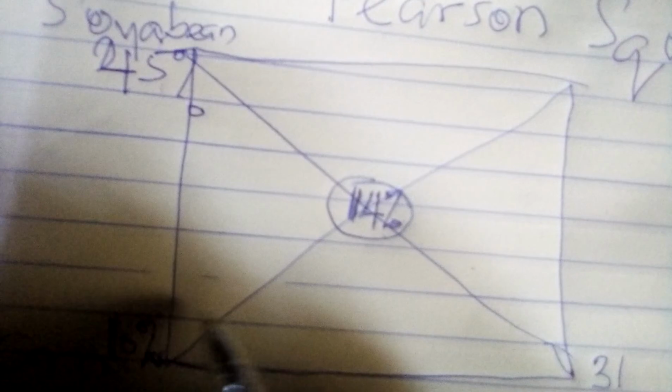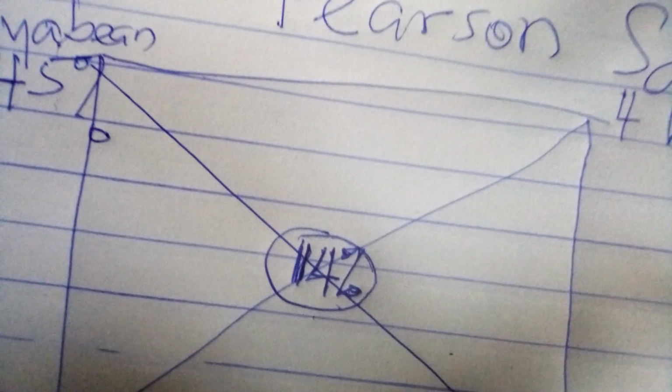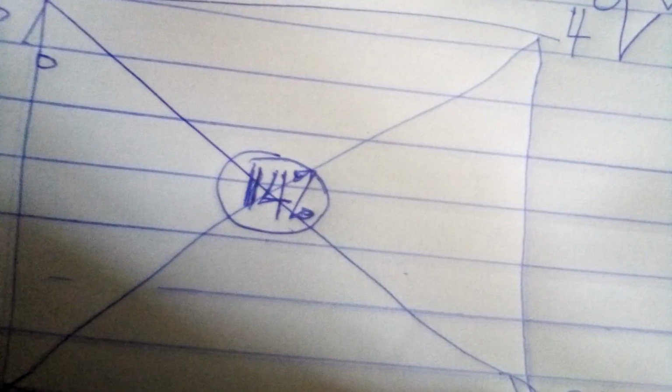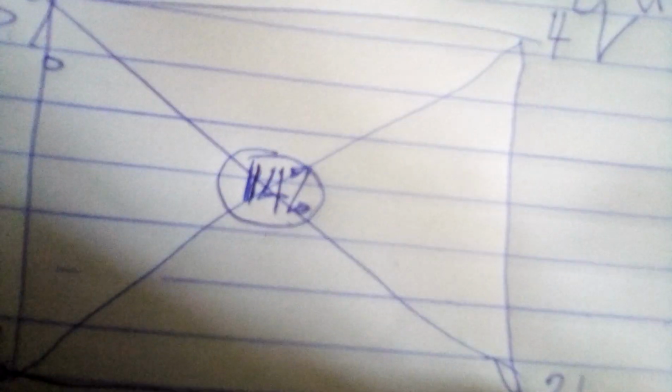Just subtract, and you get 4 here. It means 31 parts of corn will be used.